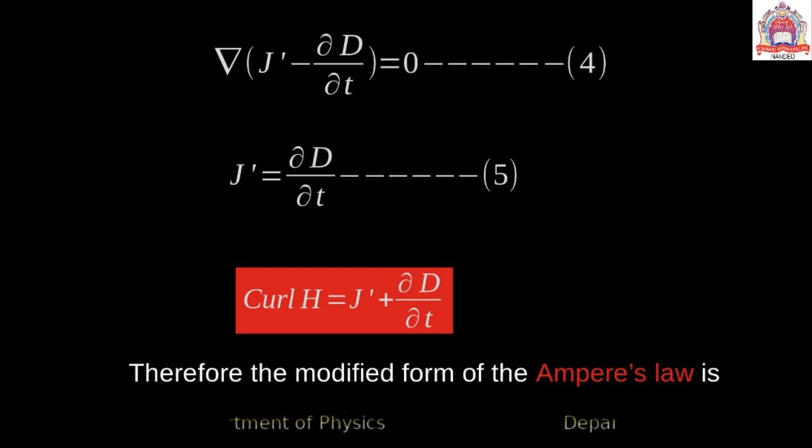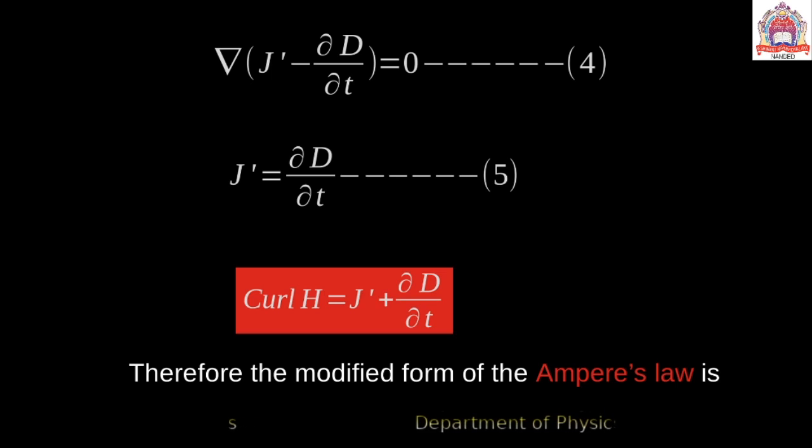That displacement is D, capital D. It is termed as displacement current density. According to Maxwell, it is just as effective as J, the conduction current density, in producing a magnetic field.